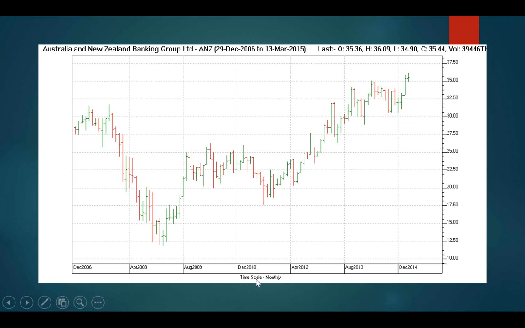I won't be going to show you any hour charts or 5-minute charts or 10-minute charts, whatever, because you know what? They look almost identical to this. Something where there's a lot of activity that goes on, a lot of activity on some of the shares, you'll find it looks just the same. So all you need to do is change the time scale down the bottom.